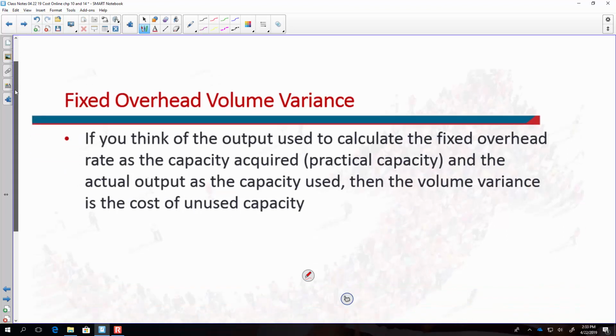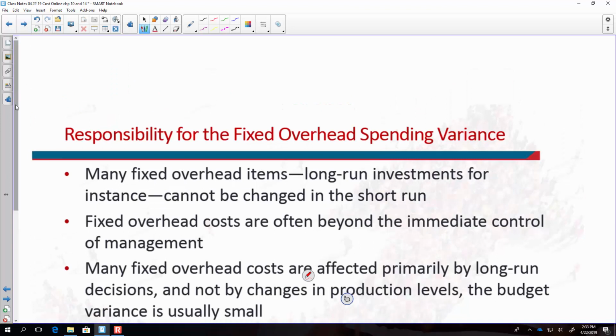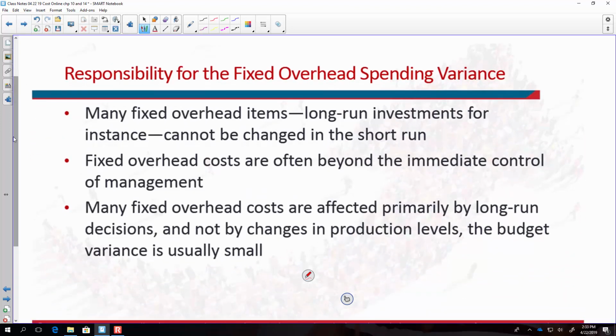Then we jump to the fixed overhead discussion, which begins on page 547. And again, like our variable counterpart, we're looking at two different types of variances. And the first, again, is price or spending variance, comparing what we actually spent to what we planned on spending. And remember what our fixed costs are.